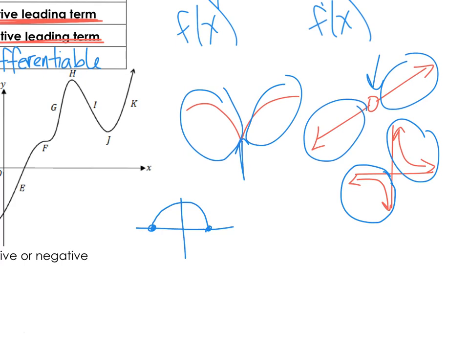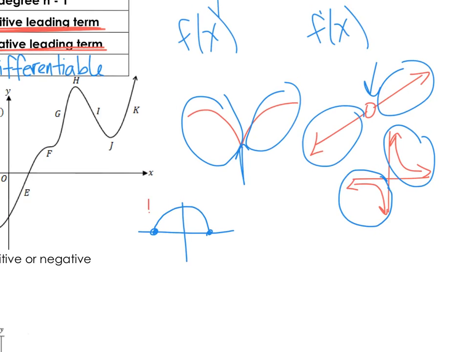Okay, so if I'm talking about the derivative of this graph, if I were to draw on a tangent line here and here, those are called vertical tangents because in order for me to draw a tangent line at that point, it would have to be a vertical line. So that's a vertical tangent, in which case the derivative doesn't exist because the slope of that line is undefined.